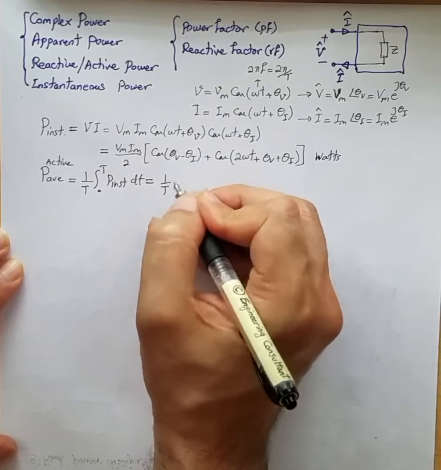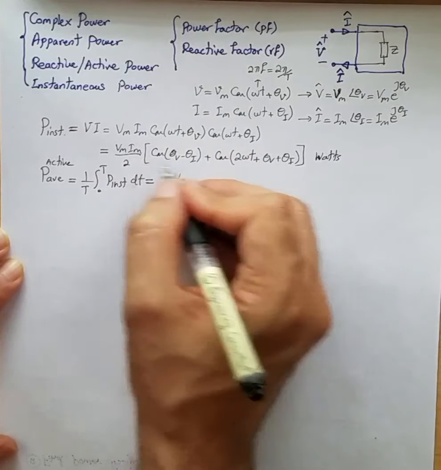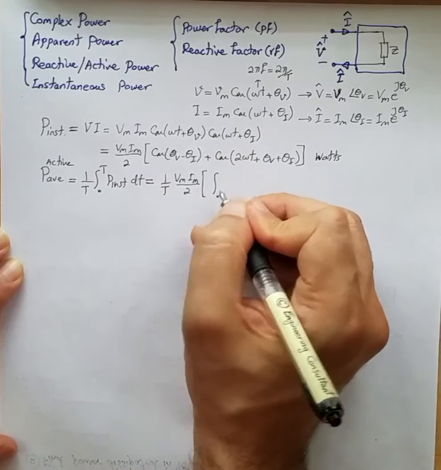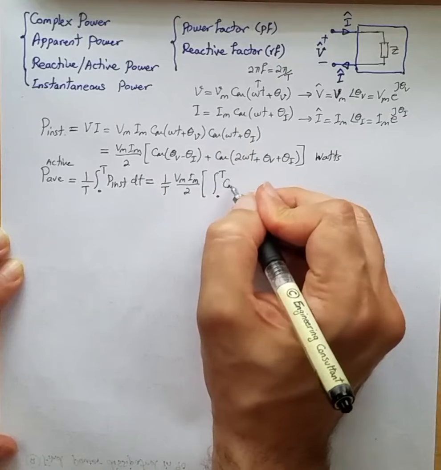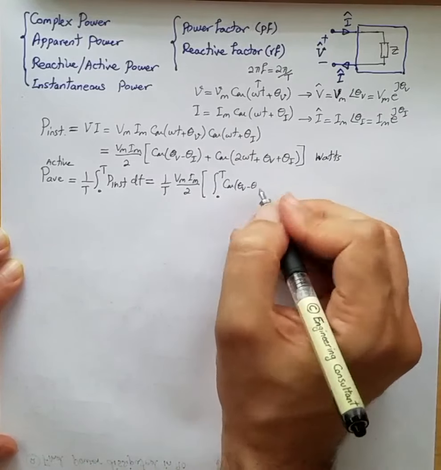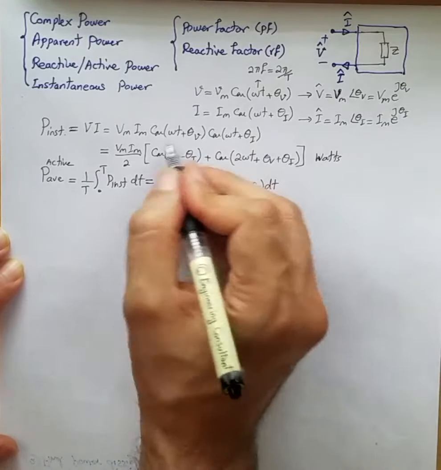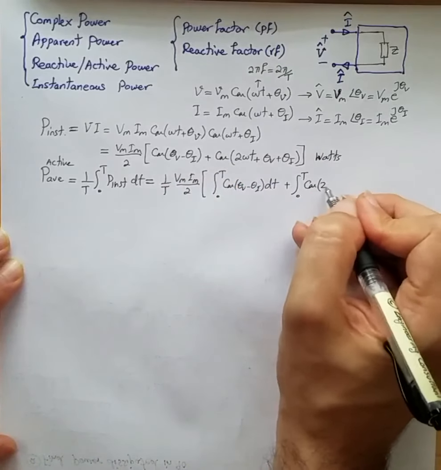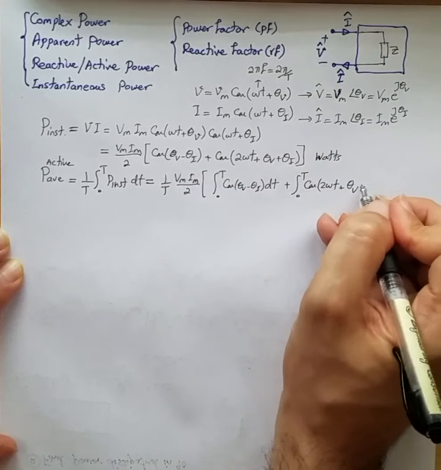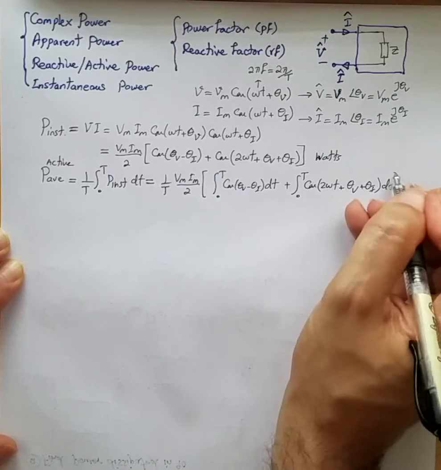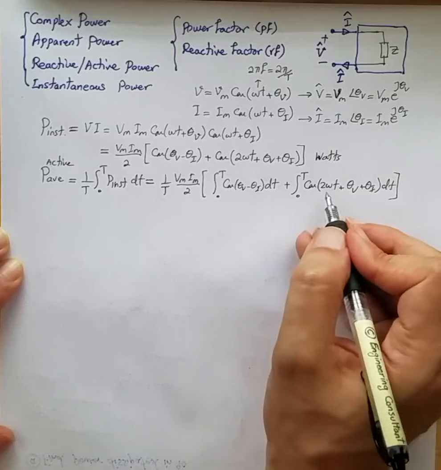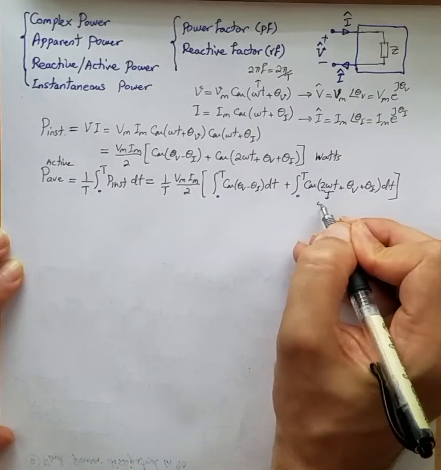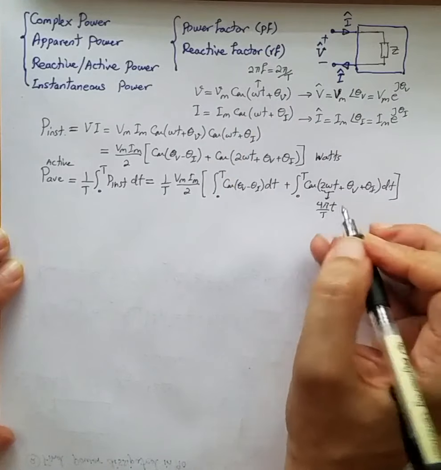So we have 1 over T, let's factor out Vm Im over 2, leaving the integral from 0 to T of cosine theta V minus theta I dt, that's the first component here, plus the integral from 0 to T of cosine 2 omega t plus theta V plus theta I dt. Now we know omega is just 2 pi over T, so this component here is 4 pi over T times t.